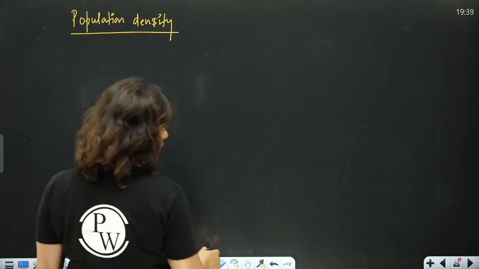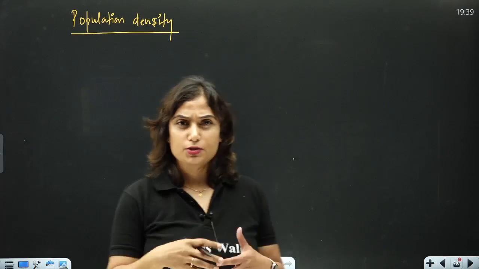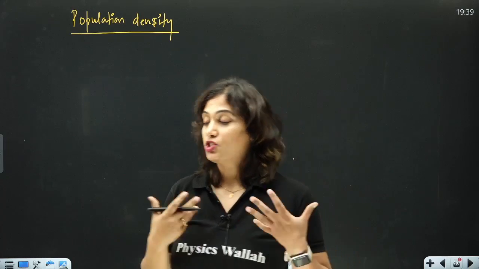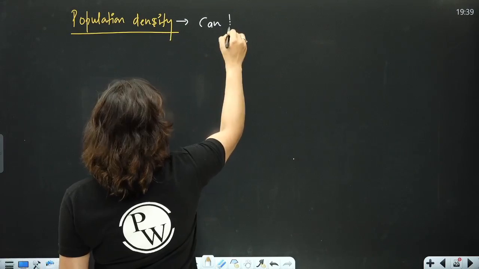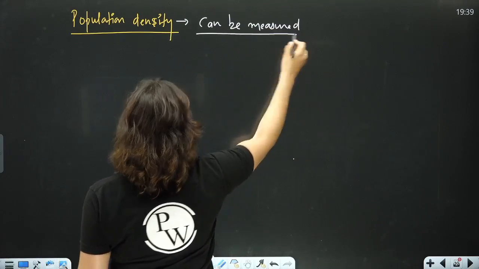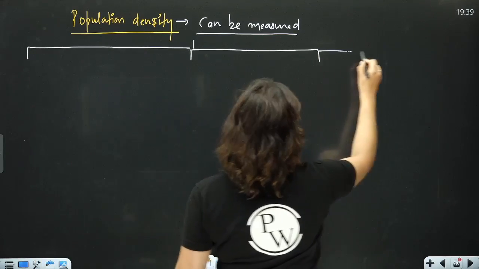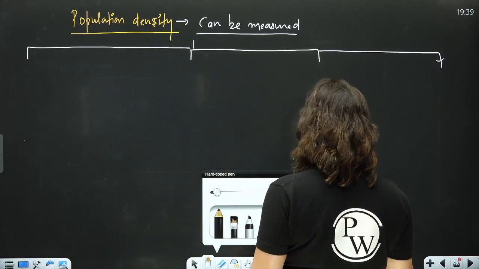That means the number of individuals found in a particular area, in 1 meter square area per unit time. That is called population density. Population density can be measured in various ways. And what are the different ways in which we can measure how many individuals are found in a particular area per unit time?